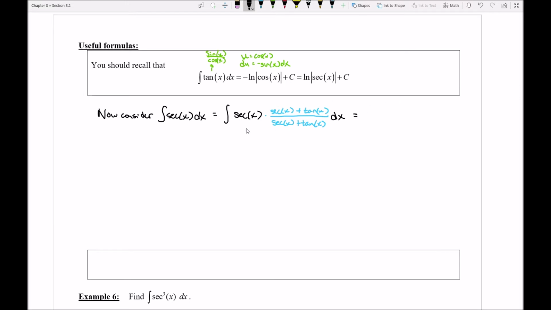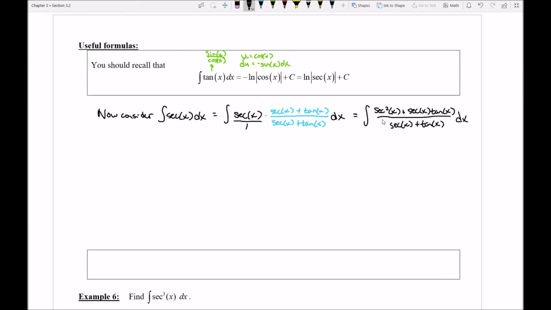Now, since I can imagine this secant of x as being over 1, I can distribute it through the top. And so this would turn into secant squared of x plus secant x tangent x, all over secant x plus tangent x. And it looks like I've taken something really simple with just a secant and made it ridiculously complicated.